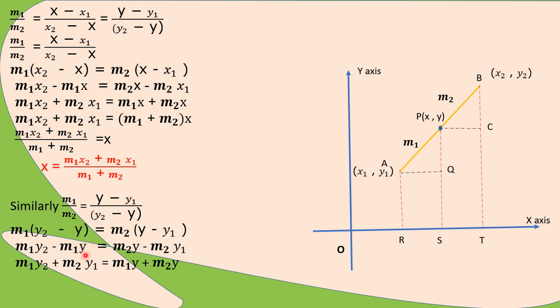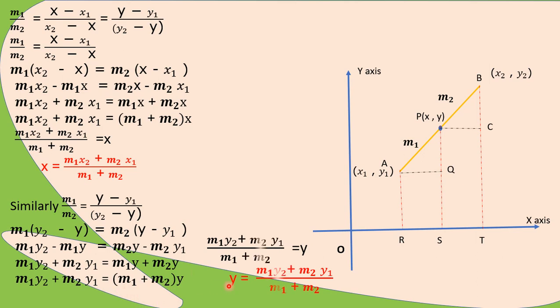Now take these two terms on the same side. So we get M1y2 plus M2y1 is equal to M1y plus M2y. From here also we can take y common, and by transposing M1 plus M2 to the left hand side we get y is equal to M1y2 plus M2y1 upon M1 plus M2. So the coordinate for x is M1x2 plus M2x1 upon M1 plus M2, and the coordinate for y is M1y2 plus M2y1 upon M1 plus M2.